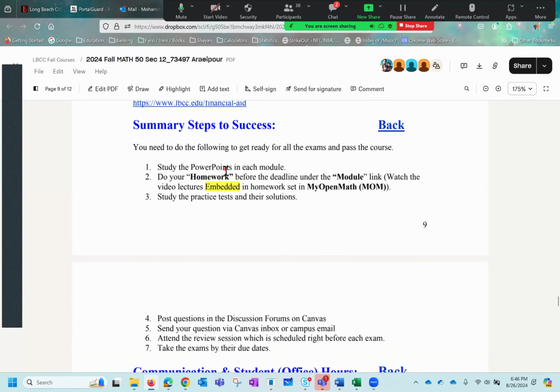Summary steps to success. Study the PowerPoints in each module. Do your homework before the deadline under the module link. Watch the video lectures embedded in the homework. Many homework have an embedded video.